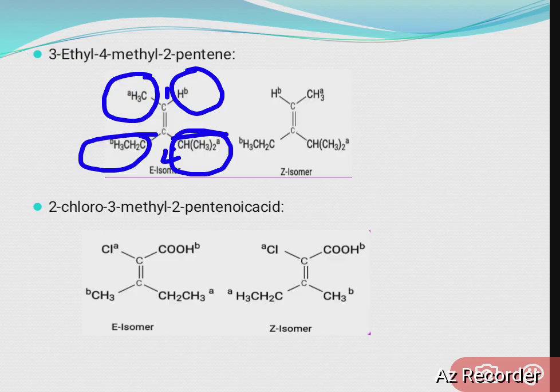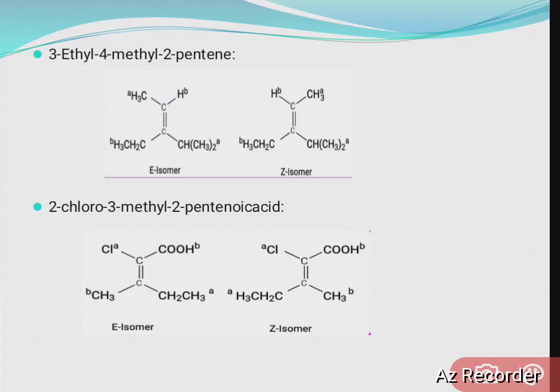Here, it is according to the second rule. What does the second rule say? If the two atoms attached to the carbon atom involved in the double bond are the same, then we will go to the next atom attached to that carbon.